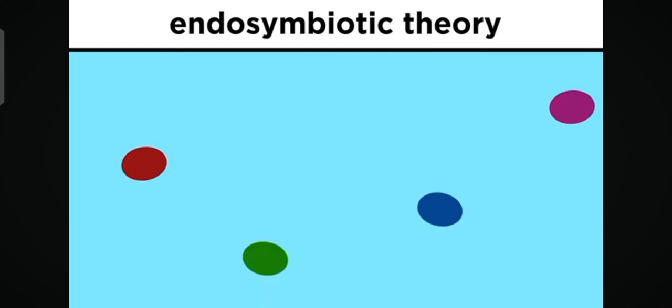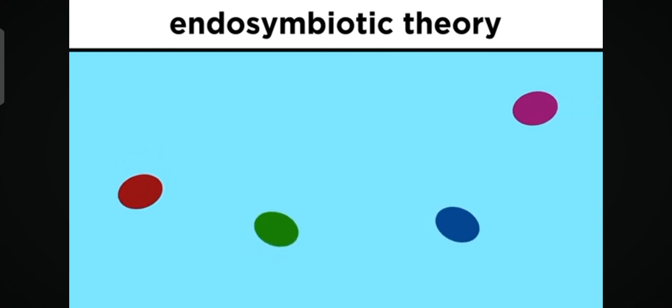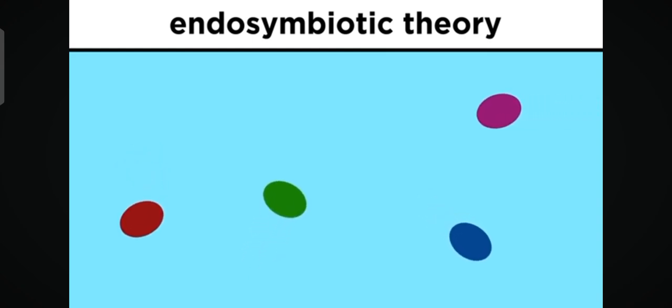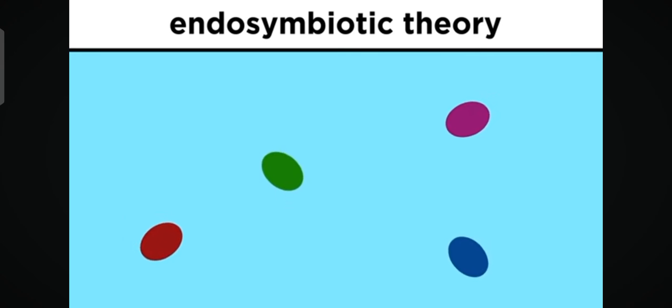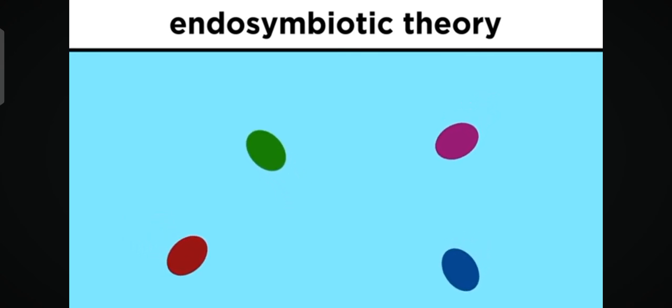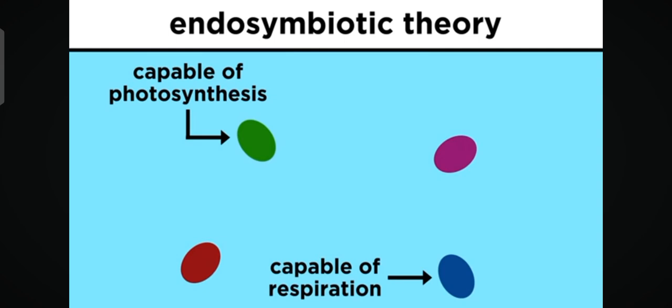Endosymbiotic theory proposes that billions of years ago, there were many different types of bacteria floating around, all of which were unicellular. Some of these species of bacteria acquired unique functions, like the ability to perform photosynthesis or breathe oxygen.